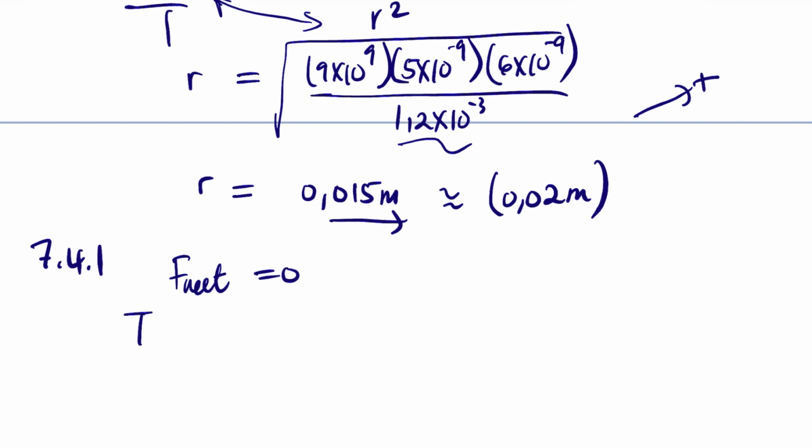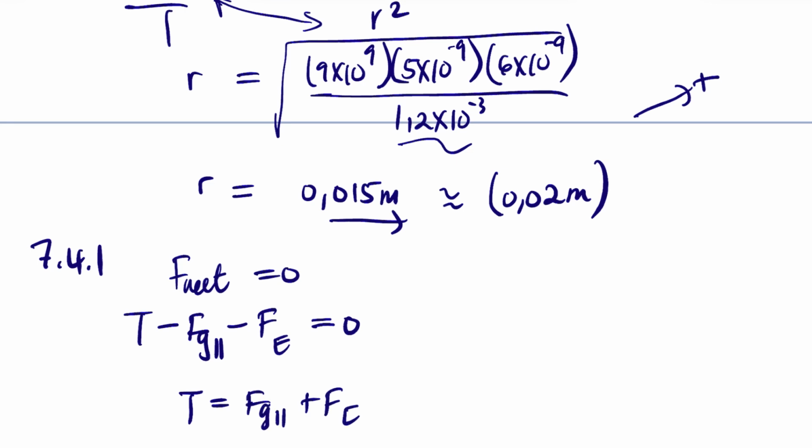So tension is positive minus the FG parallel minus the electrostatic force, because they're going down. So you're going to have T is equal to FG parallel plus electrostatic force.